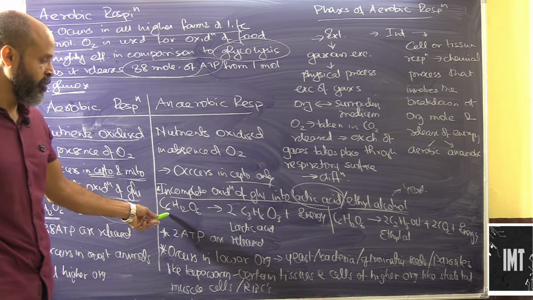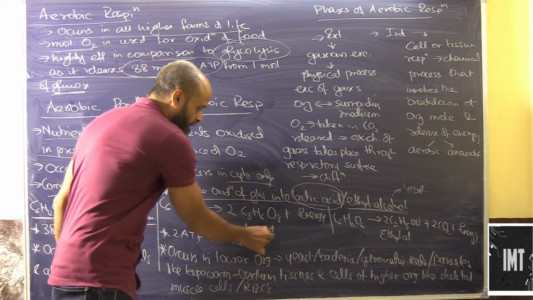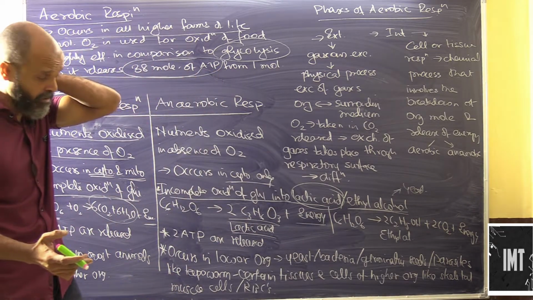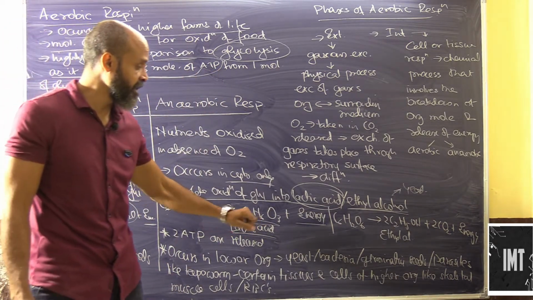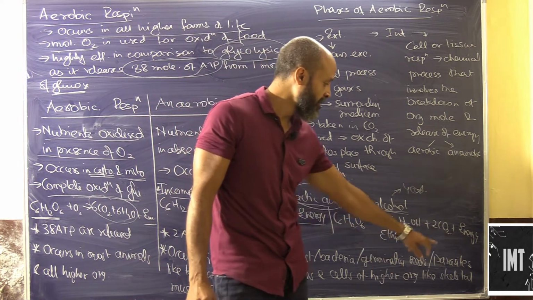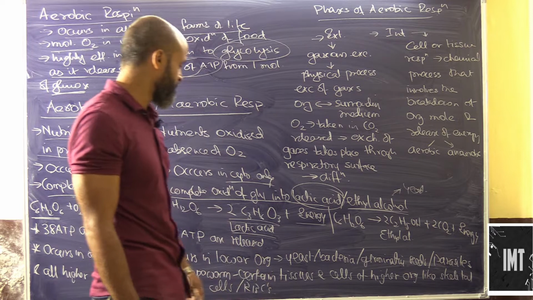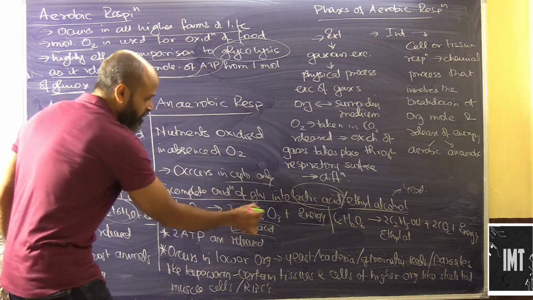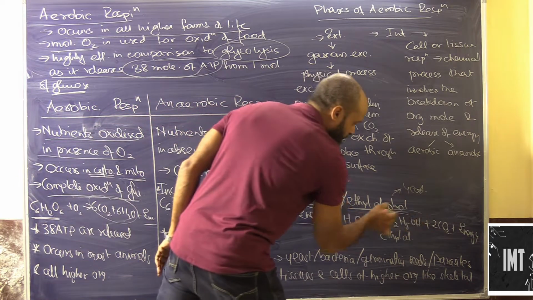So glucose is converted into lactic acid plus energy, not into carbon dioxide and water. Or glucose is converted into ethyl alcohol plus carbon dioxide plus energy. In both these methods, there is a residual compound.